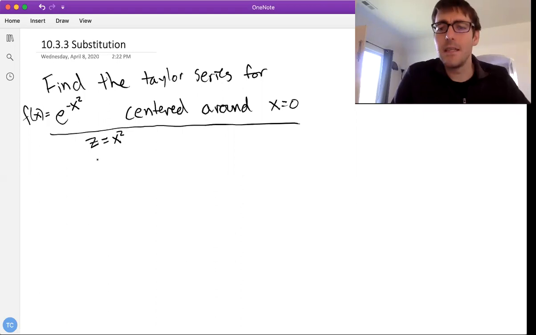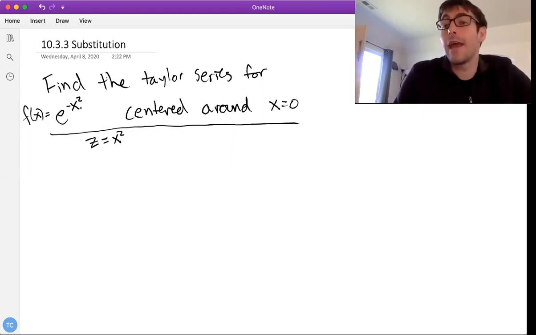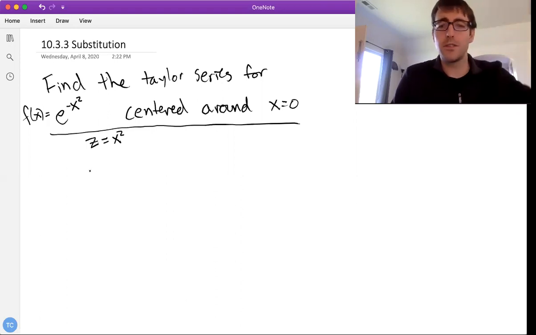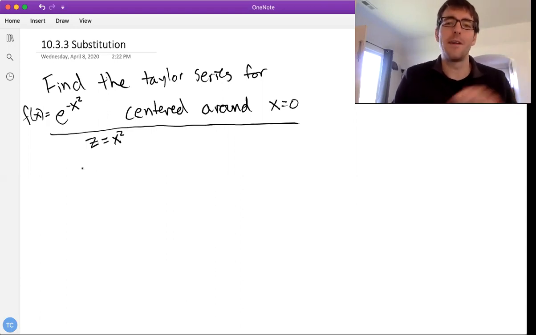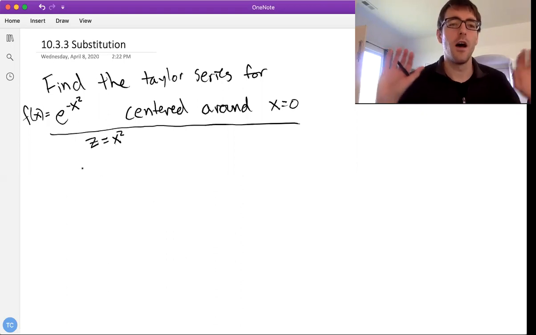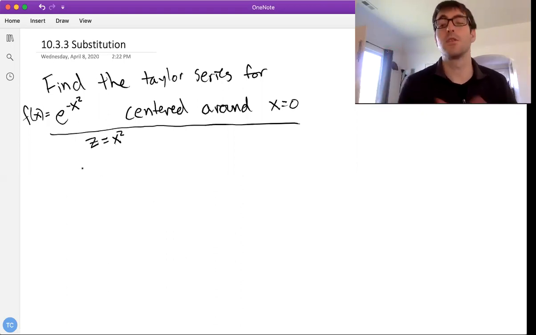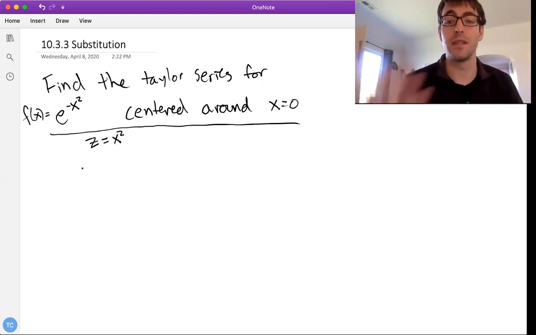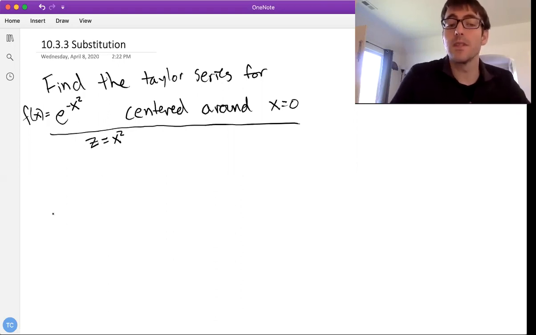The reason I'm using z rather than x is that we already have an x. The reason I'm using z rather than u is, well, we've done u substitution before, and I don't want to quite conflate them too much. But a u is probably the most commonly used substitution letter in this case. Anyway, I'm saying that z equals negative x squared.